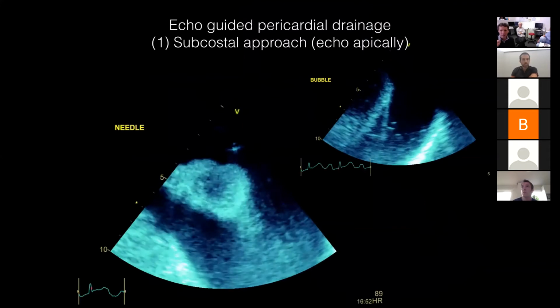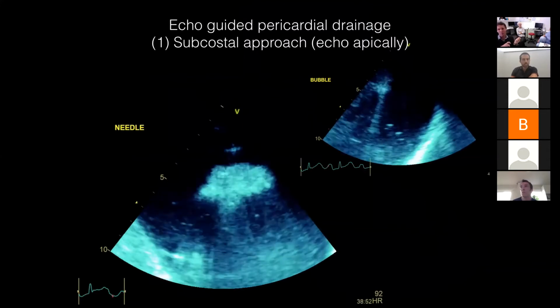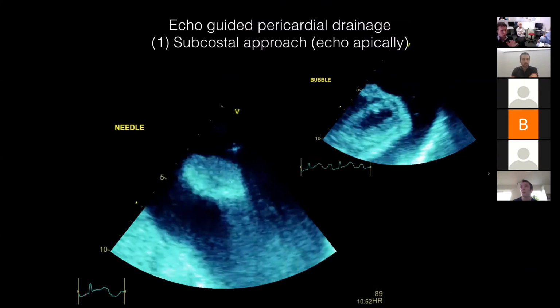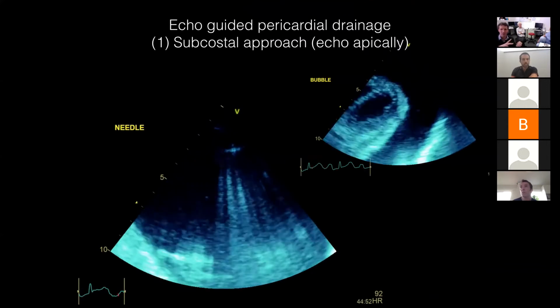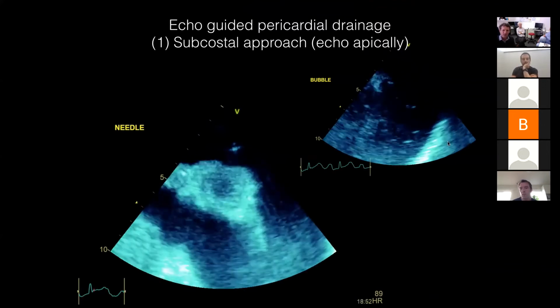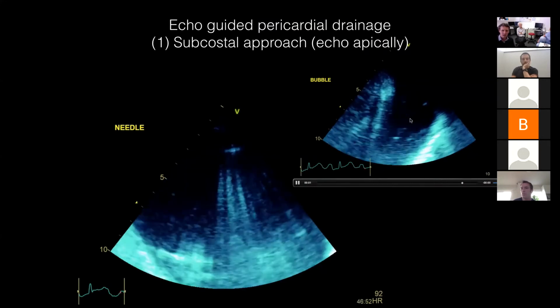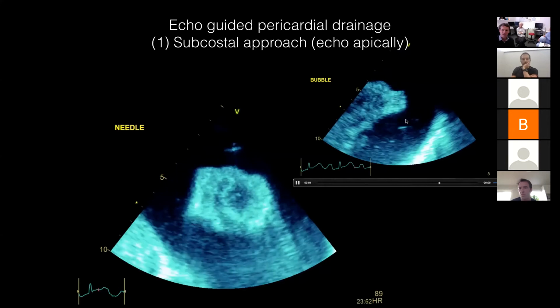Once we've got the needle in the right space, we can do that standard old-fashioned thing where you take out a bit of pericardial effusion, put it on the drape, and it shouldn't clot. So that's one thing we can do. But next, I actually inject some of the pericardial effusion back in up the needle before I dilate. And I've then handed the echo probe to someone else so that they can take this picture. And this is where you should see bubbles in the pericardial space.